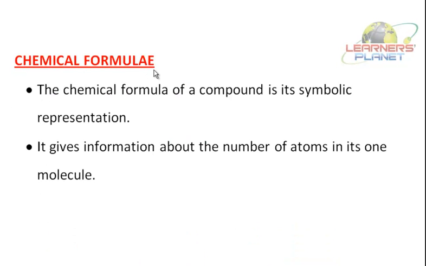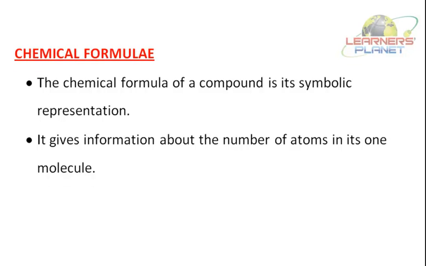Now the chemical formulae, what is it? The chemical formula of a compound is its symbolic representation. It gives information about the number of atoms in its one molecule. Now let's see how we can write a chemical formula.